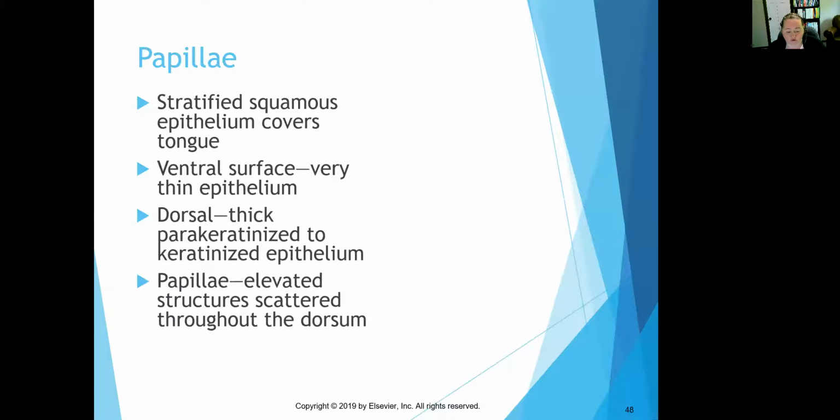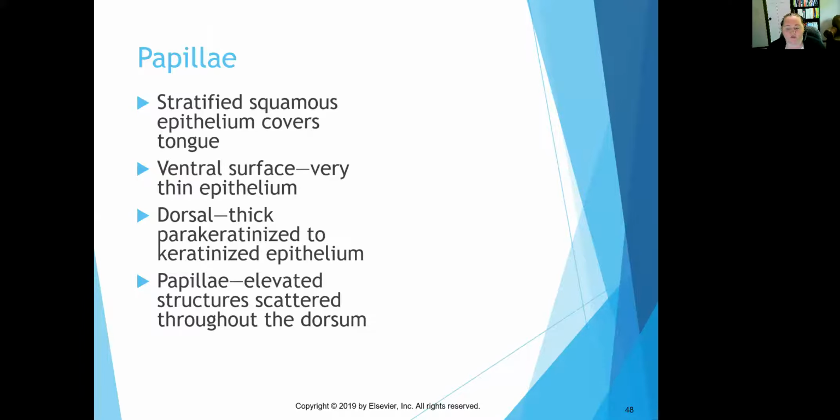All right, so now we're going to move to the different structures on the tongue. You guys are already familiar with that we have papilla on our tongue, right? Small little elevations. Our papilla are stratified squamous epithelium, and they cover the tongue.